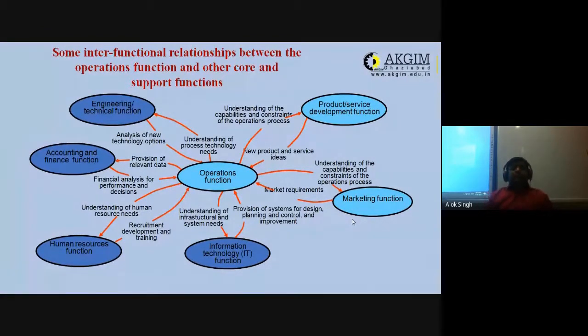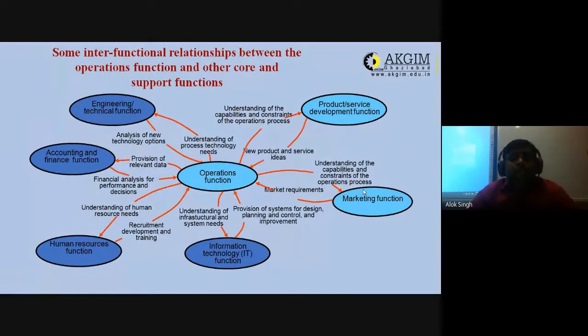Means is there any need for improvement? Is there any need for setup, or any need to implement a new type of information system? A lot of types of information systems are there, MIS, decision support systems, ERP. So what type of solution does your operations function require?